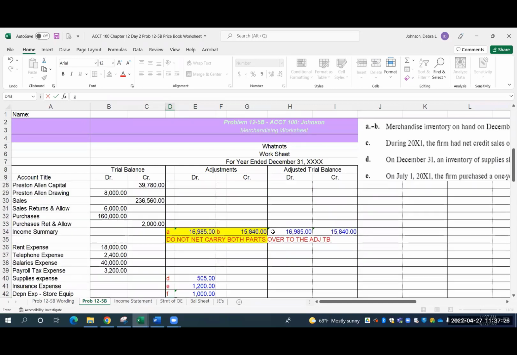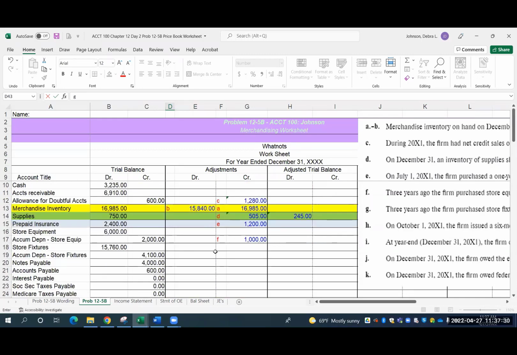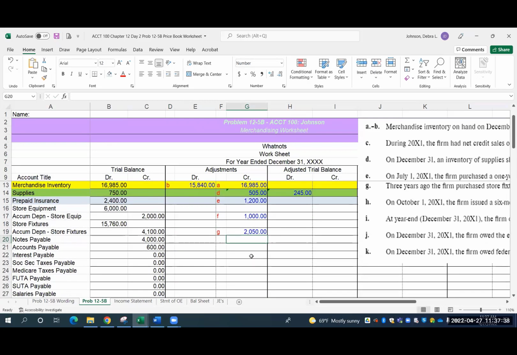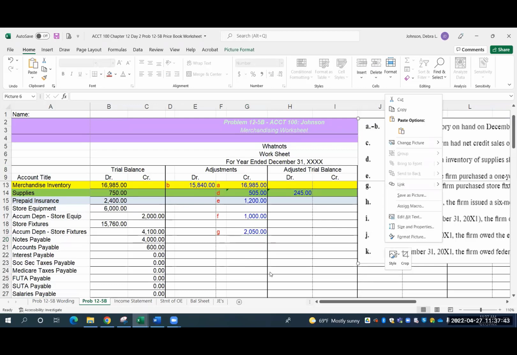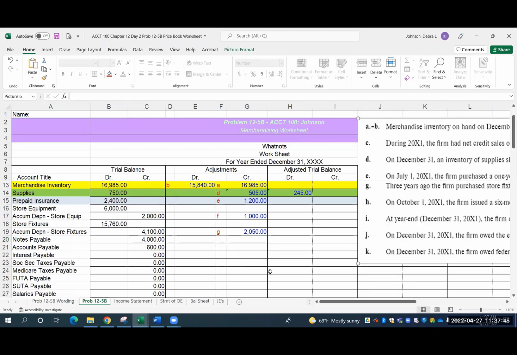And the credit is going to be for the same amount to accumulated depreciation for the fixtures. Questions on letter A through G, or something you need explained again, or something maybe that you didn't see the first time, just unmute yourself and ask away.